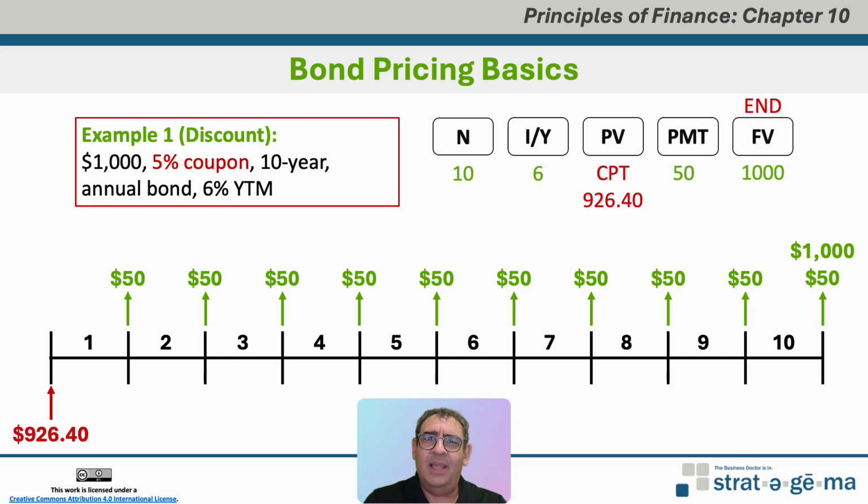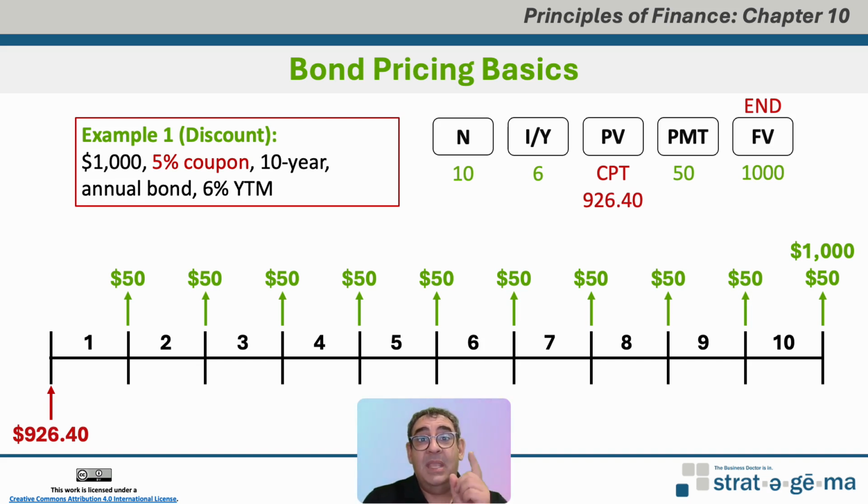Why does it sell for less? Well, let's think of it intuitively for a second here. Why would you pay me $926.40 for something that's worth $1,000? Well, you'll notice it comes down to the relationship between the coupon rate, the interest rate that the bond pays, and the yield to maturity that's on the market. The yield on the market is 6%.